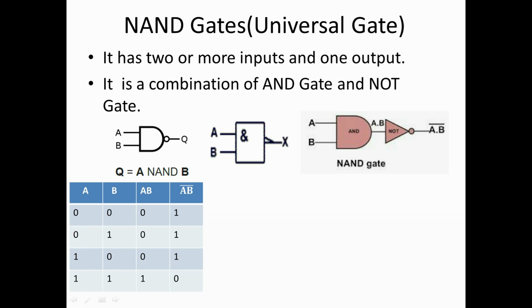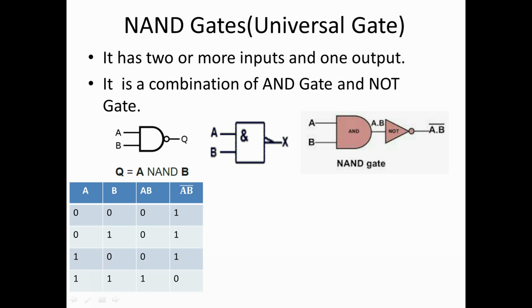Now we can see the truth table for the NAND gate. Here the possible inputs are 00, 01, 10, 11. For AB, the output of the AND gate, if any one of the inputs is 0, the output is 0. The NAND gate output is (AB) bar, the complement of the output of the AND gate: complement of 0 is 1. For 01, the AND output is 0, and the complement is 1.